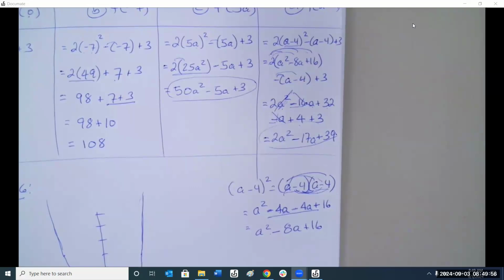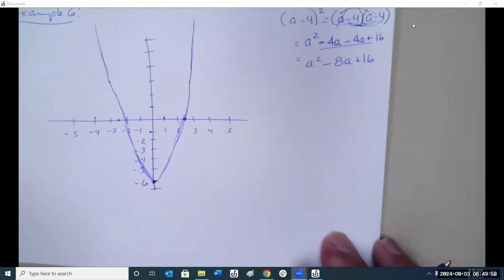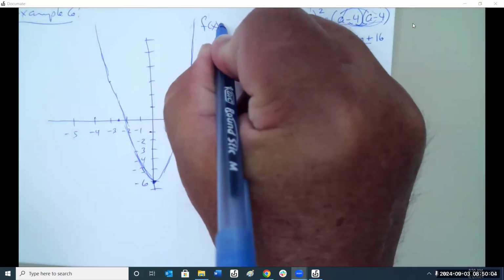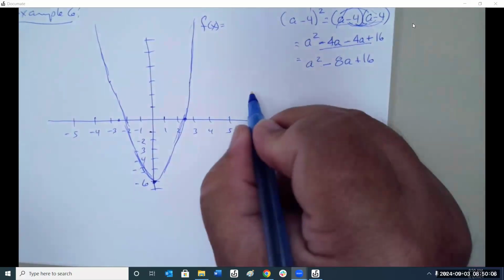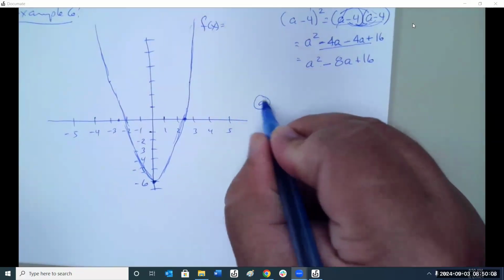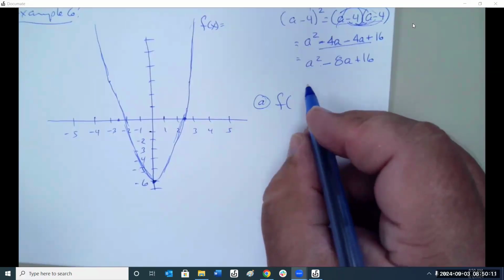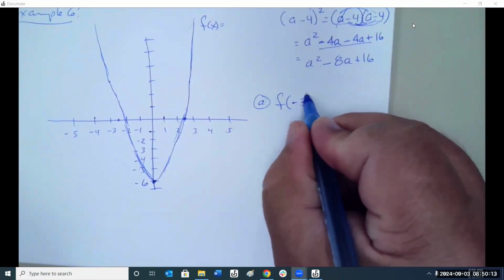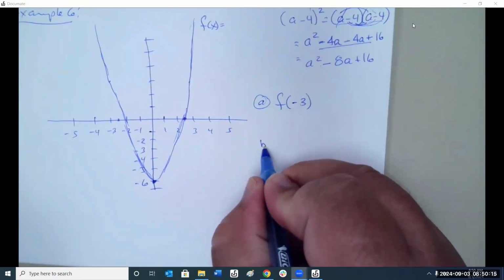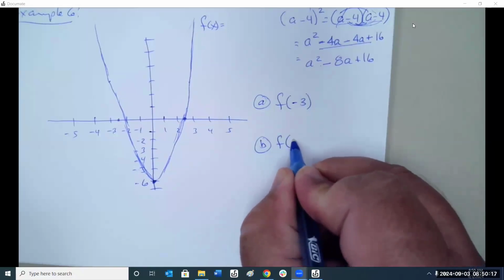Let's work backwards. I give you the function, the graph. This is of f of x. I'm asking you here, what is f of negative 3? And what is f of 1?